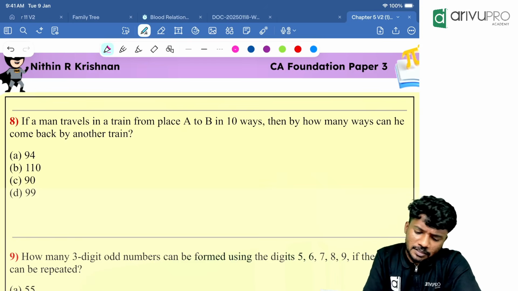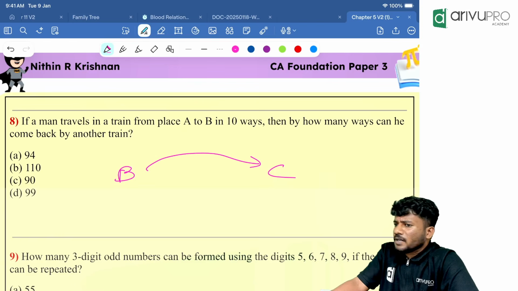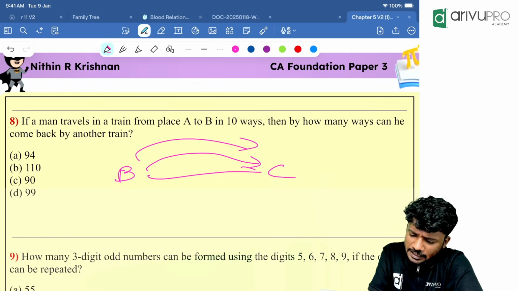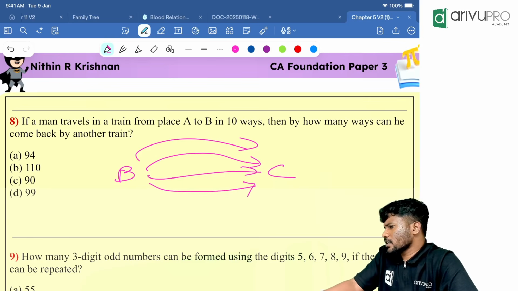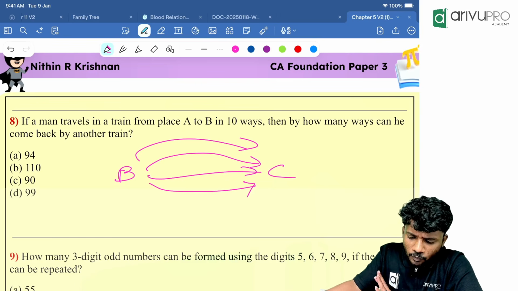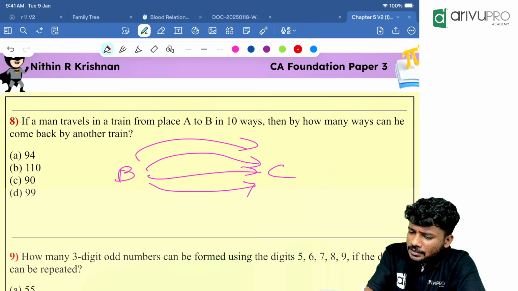Now think. I came from Bangalore to Coimbatore. There were 3 trains when I came from Bangalore to Coimbatore. Now, the condition is, while I go back, I cannot take the same train.